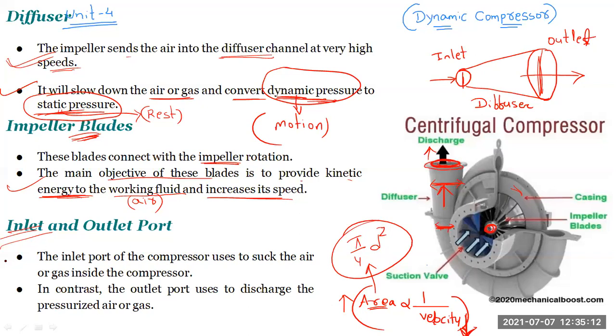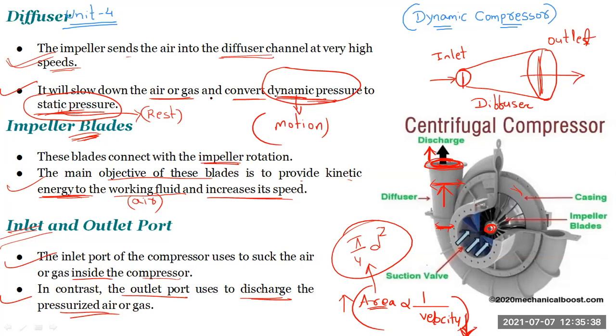Okay, so that's the thing I have written here. The inlet port of the compressor uses to suck the air or gas inside the compressor, and the outlet port uses to discharge the pressurized air out of the compressor. Through this inlet port, air will enter to the compressor, and through this discharge port, air will move out from the compressor.